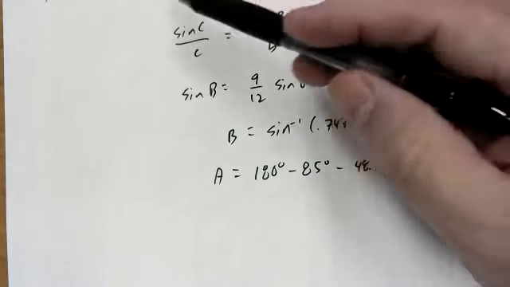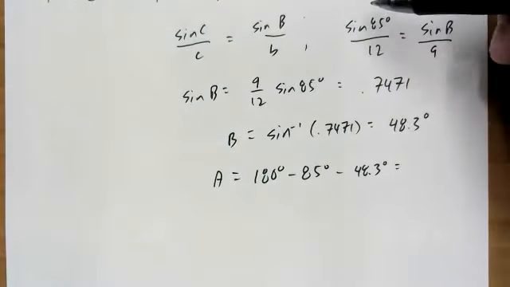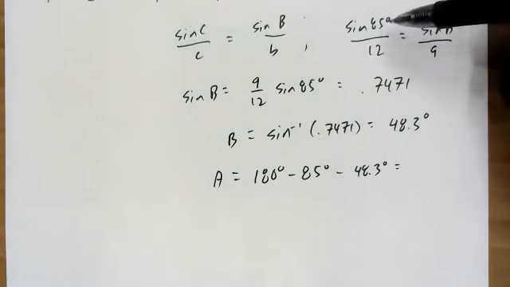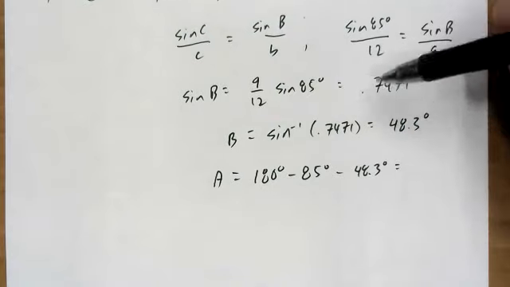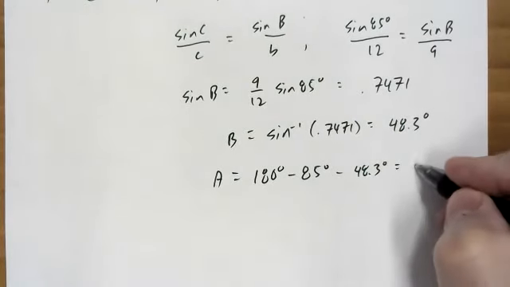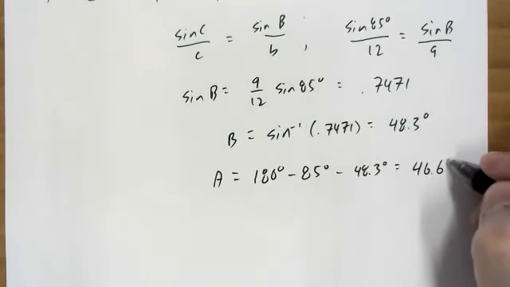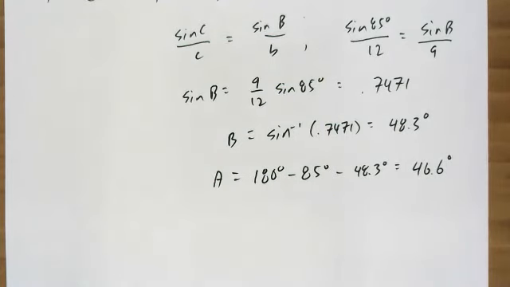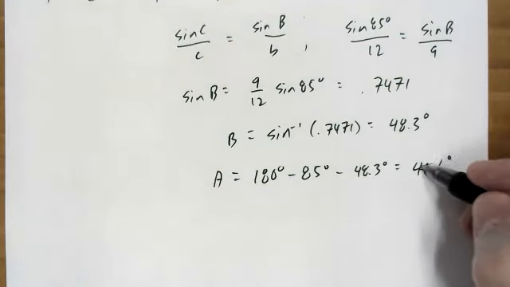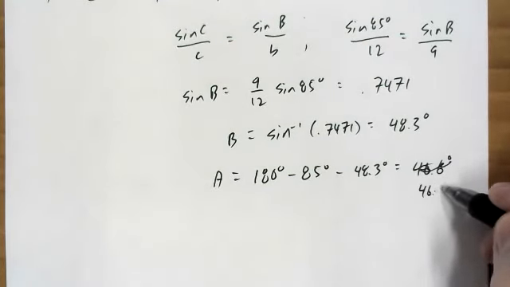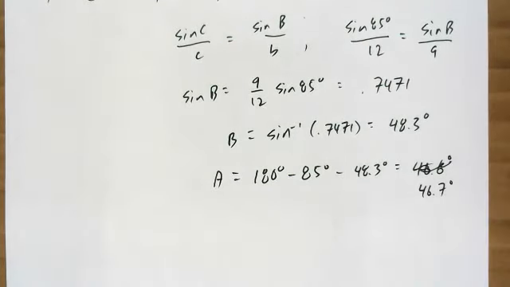Just to refresh your memory, in this kind of problem, we can have 0, 1, or 2 triangles. I definitely have one triangle. In a minute, I'm going to check and see if I have a second triangle. Oh, it should be probably 46.7 degrees.